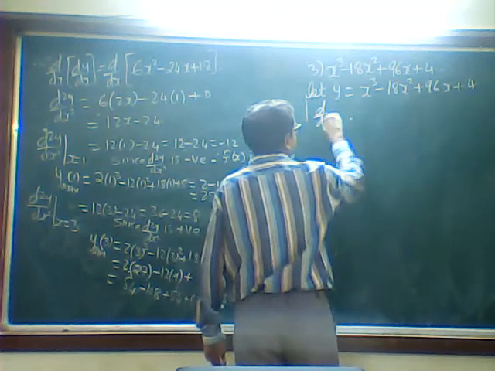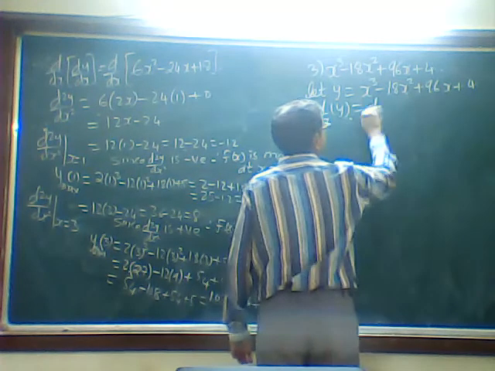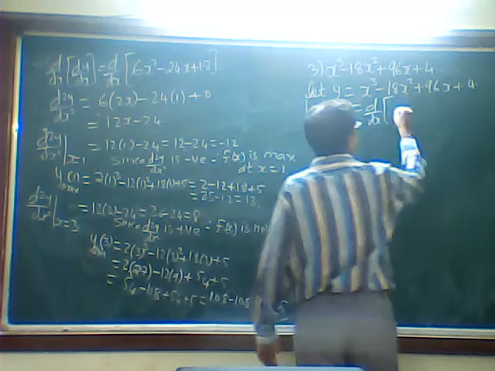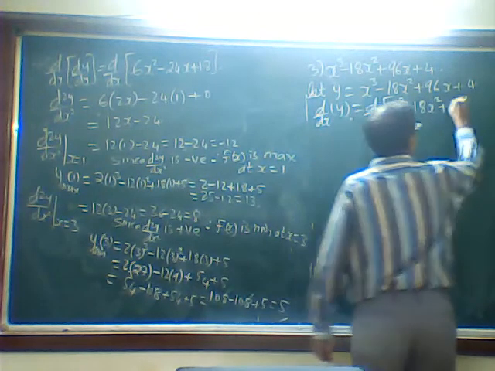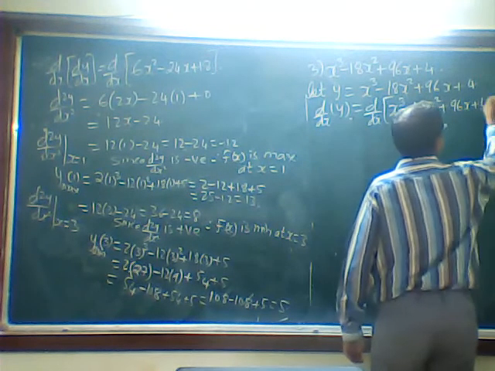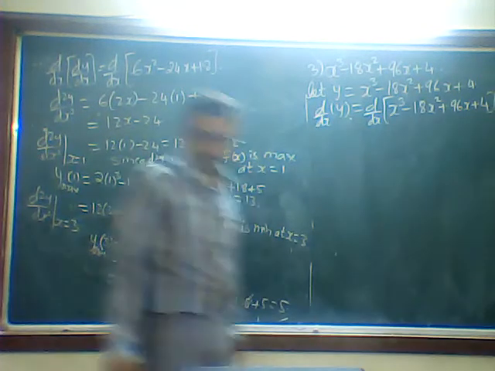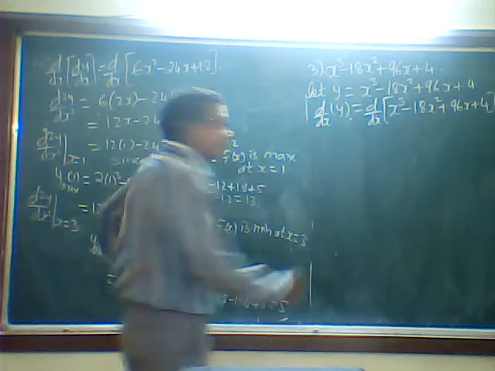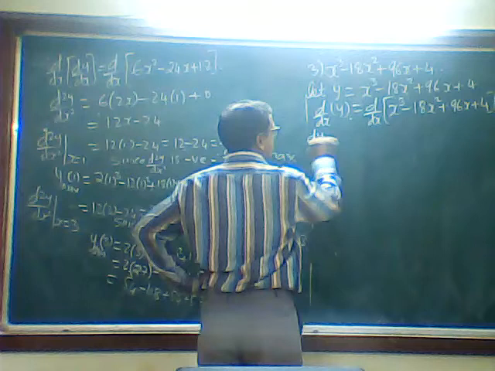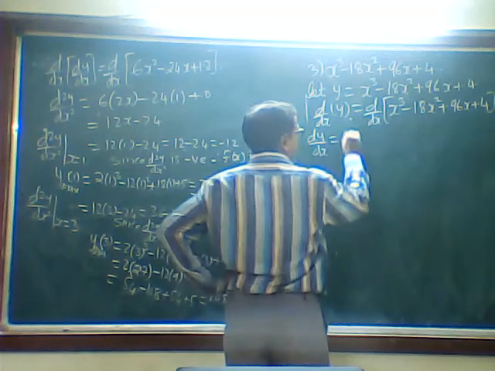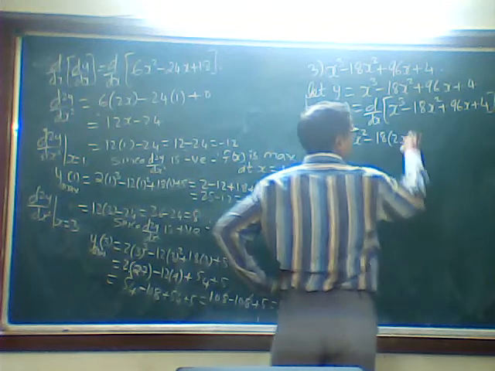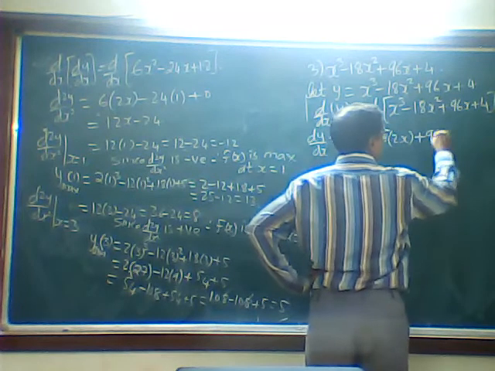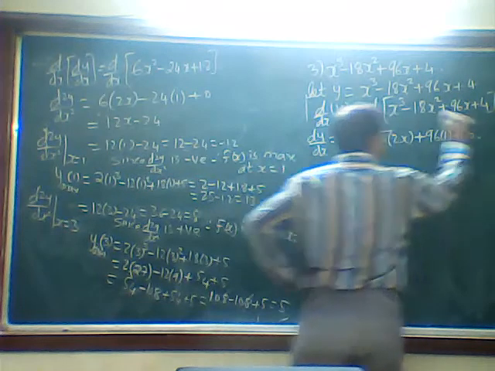So d by dx on both the sides. Okay, so dy by dx, x cube is 3x square minus 18 and x square will become 2x plus 96 into 1 plus 4 is 0.